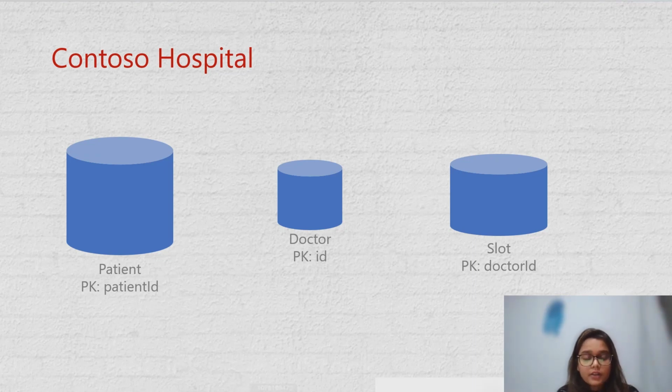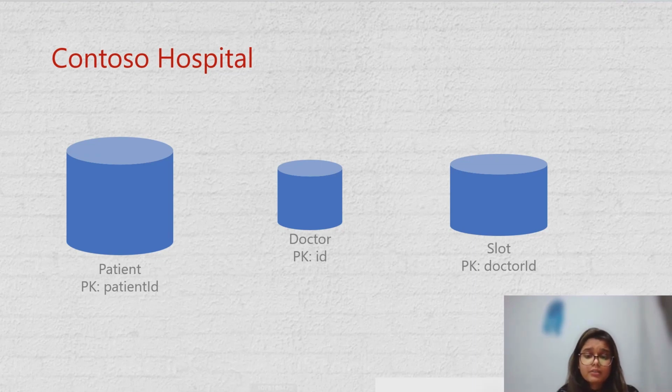For slot, we have one container. We have embedded slot and appointment entities into a single document because of the one-to-one relationship and similar access patterns. We are going to store the next 3 months of slot data in the document. We have another feature in Cosmos DB where you can define a TTL on the document. Whenever we insert a document into the slot container, we can define a TTL of 3 months.